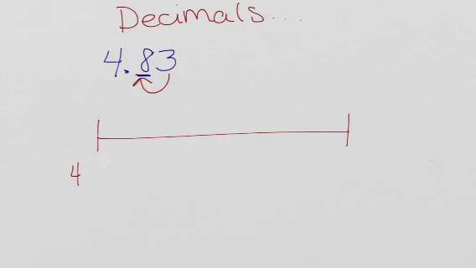So when I think about my number line, where does this number fit between 4 and 80 hundredths and 4 and 90 hundredths? So here's my halfway point, and that would be, of course, 4 and 85 hundredths, that 5 being the halfway mark.